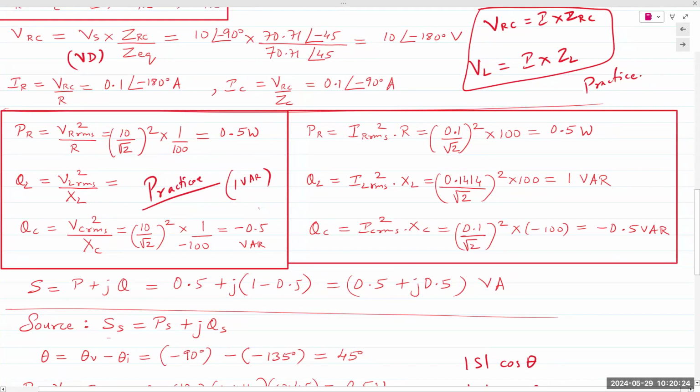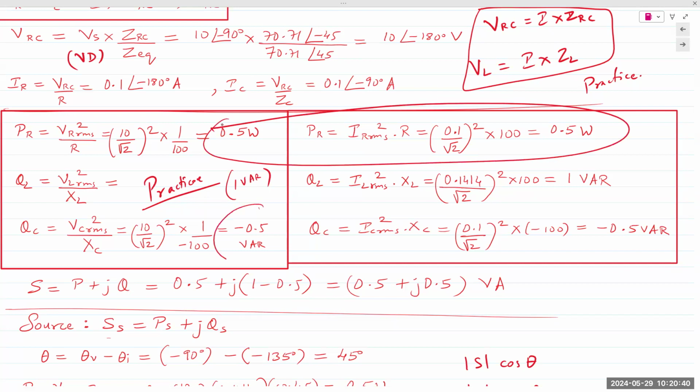Same standard form. If you have voltage, it's V square over R or V square over X. If you have current, it's I square times R, I square times X. X is, of course, the reactance. You can see left and right, it doesn't matter which equation you choose, your answers are exactly the same, or should be the same.